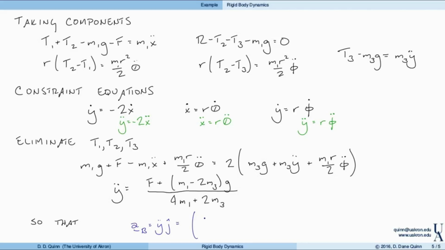And y double dot is F plus (M1 minus 2 M3) times G, divided by 4 M1 plus 2 M3, in the j direction. So again, we are able to solve for the acceleration of the block for this system.